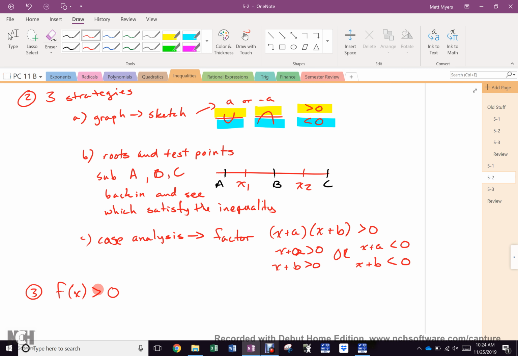You do know the answer, though. x is greater than 3. Does 3 count? No. So, when the whole function is greater than 0, does the root count?